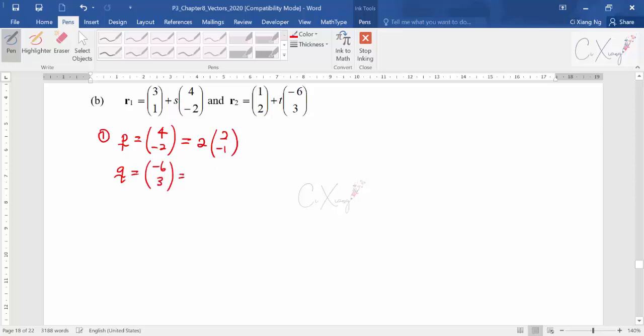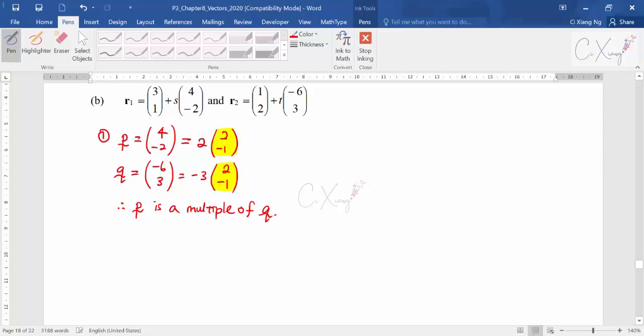Then I realize I can also take out -3, so if I take out the -3, I will get (2, -1). If you double check the basic vector of both directions, they are actually the same. Therefore, you can make a simple summary first: P is a multiple of Q. That's the first criterion that you need to double check.